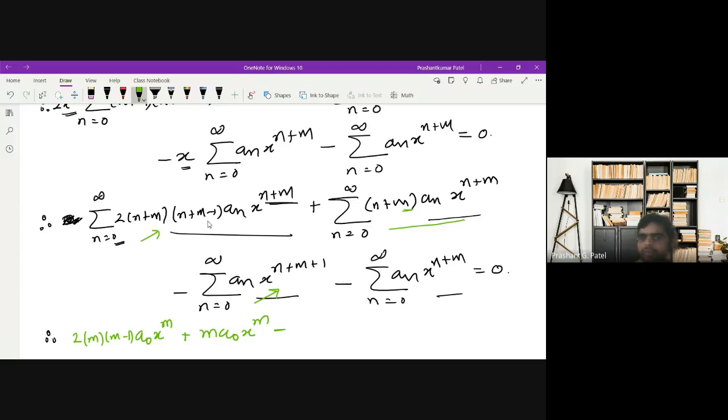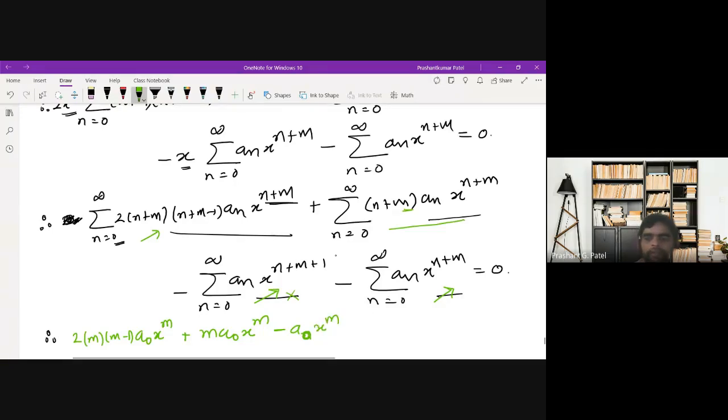It is x power m plus 1. So we are not writing any term of this. Now for this one, we are writing, because it contains the x power m term. So that is a0 x power m.